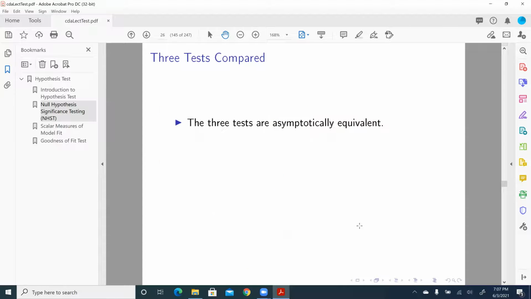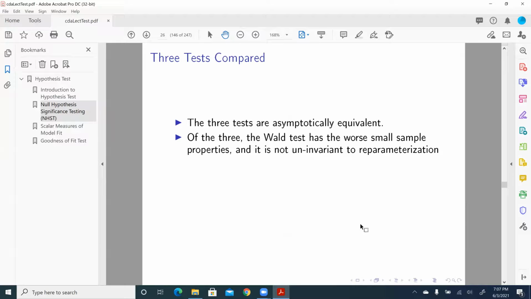But here's the thing: the three tests are asymptotically equivalent. So in the majority of cases, results from these three seemingly different tests should lead to the same conclusion. Of the three, I'm going to talk about some differences.